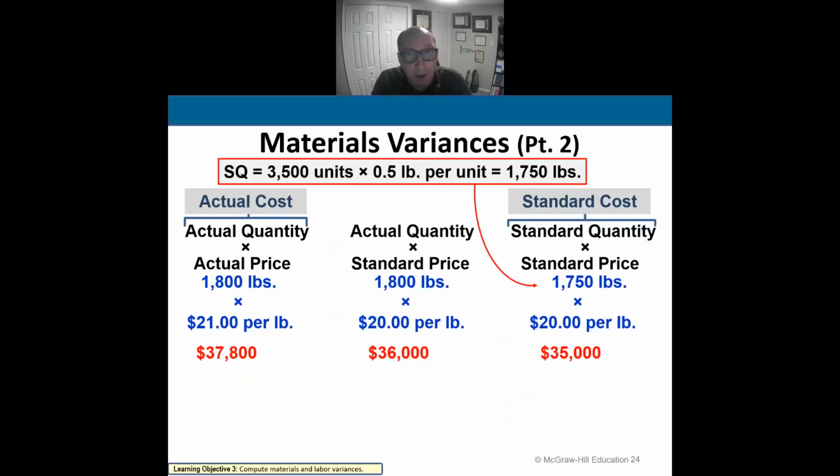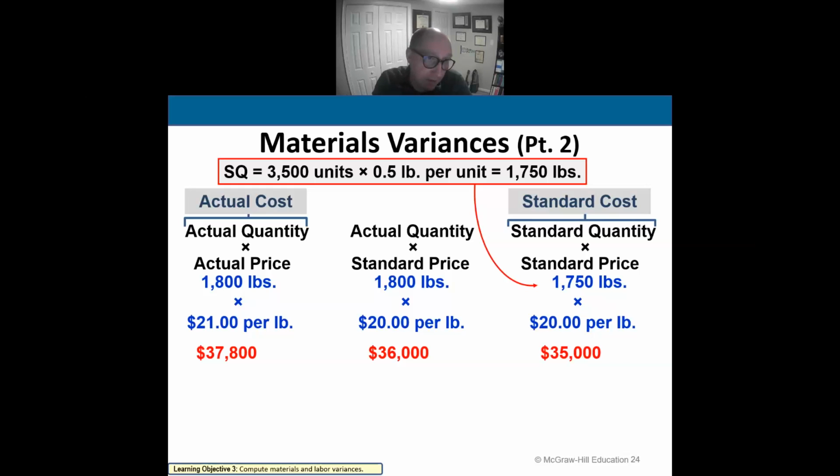So I normally pay $20 a pound. So my standard's on the right-hand side, okay? On the right-hand side, I normally pay $20 a pound, and I normally buy 1,750 pounds of metal to make a lot of golf clubs for the year, to make 3,500 golf clubs.